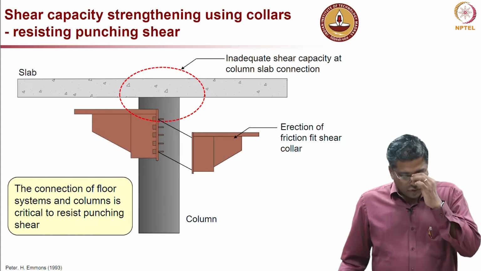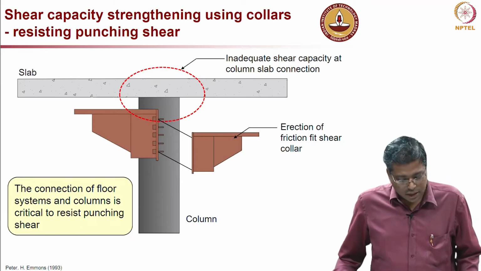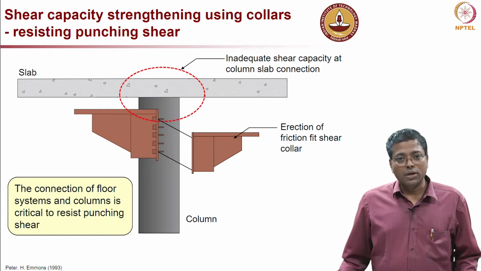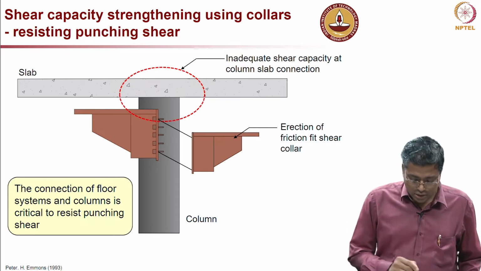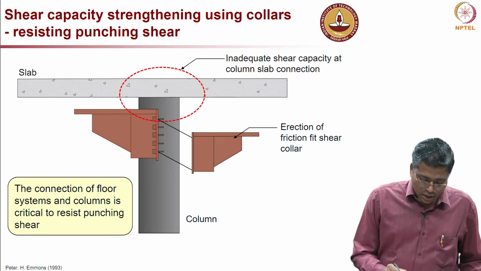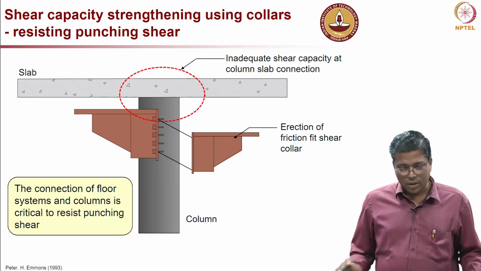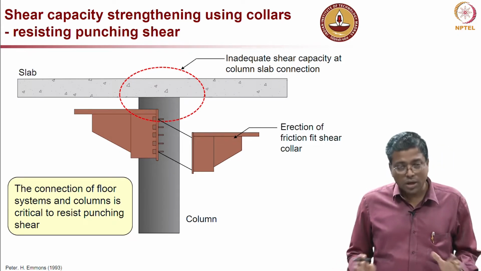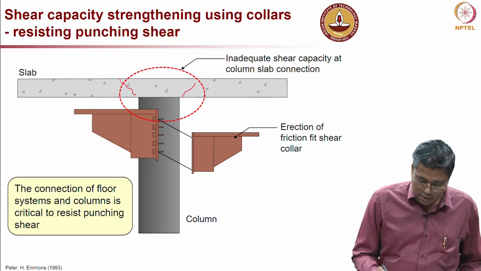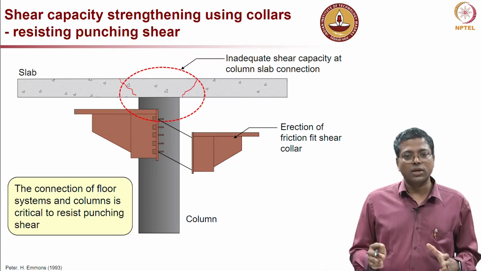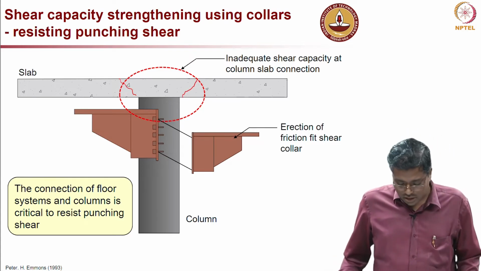Now, another way of enhancing shear strength is using collars to resist punching shear. You can see this example here, if we assume that these brown colored collars are not there, there may be cracks which might happen something like this and something like this, which is an indicator of a punching shear failure.